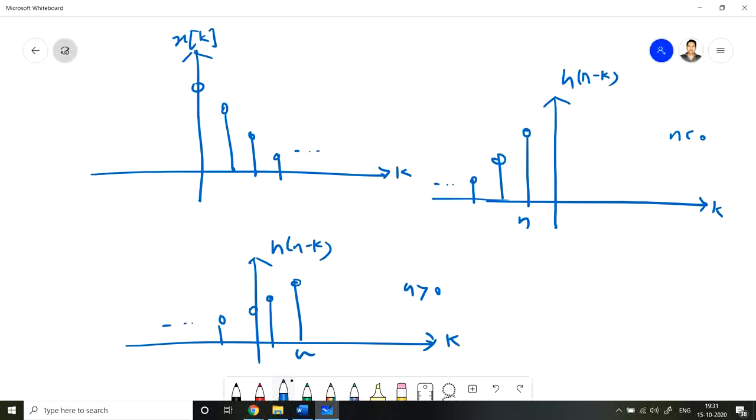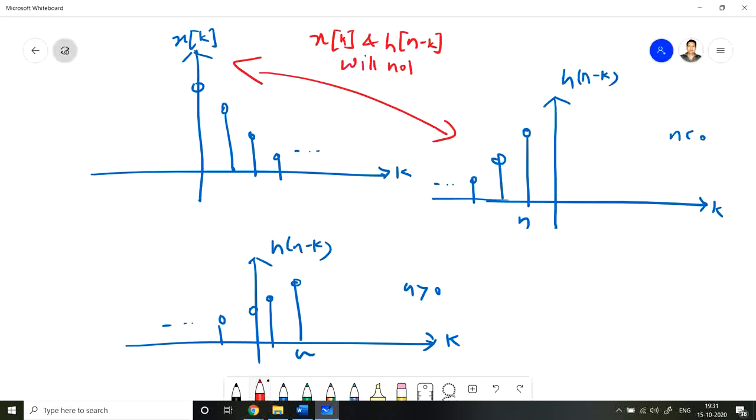So let us analyze these two graphs. We can see that x[k] and h[n minus k] do not overlap when n is less than 0.